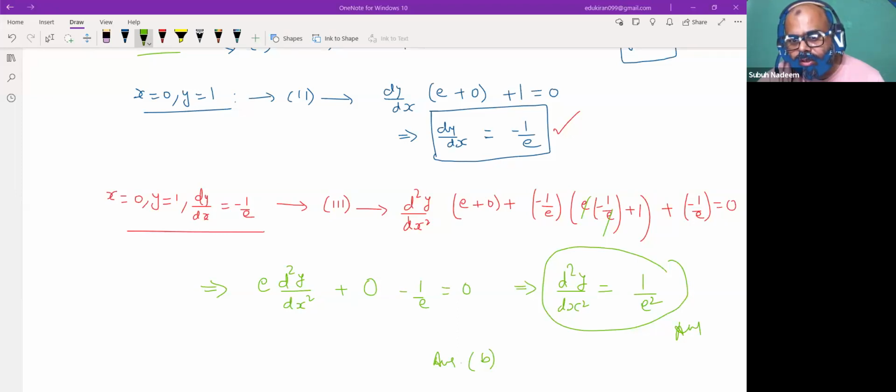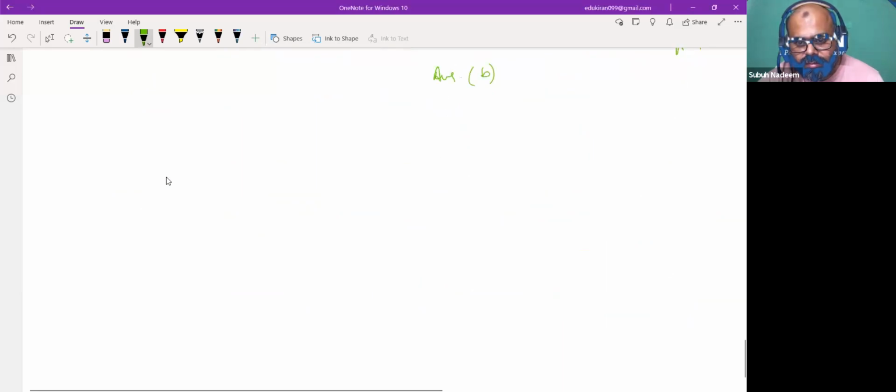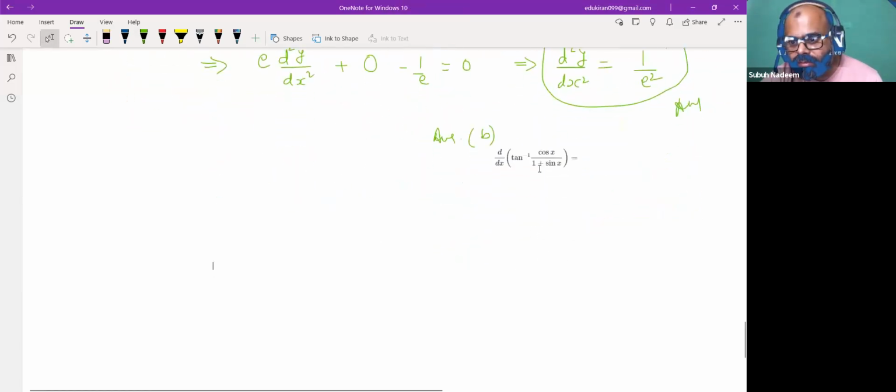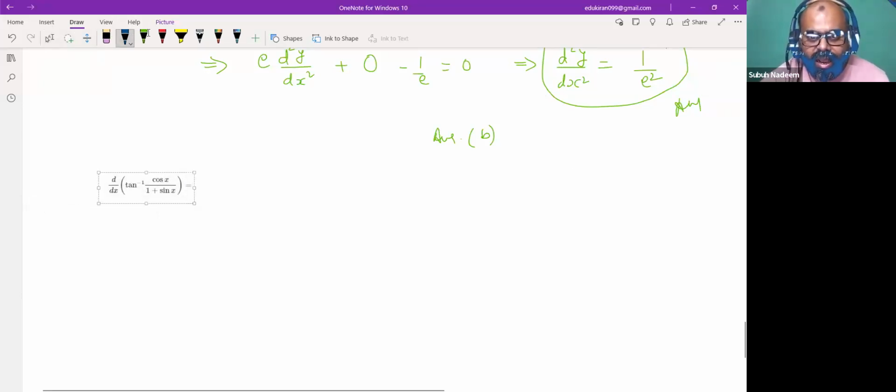One different type of question let us take. So this is a question, you have to differentiate it and you have to find the correct option.